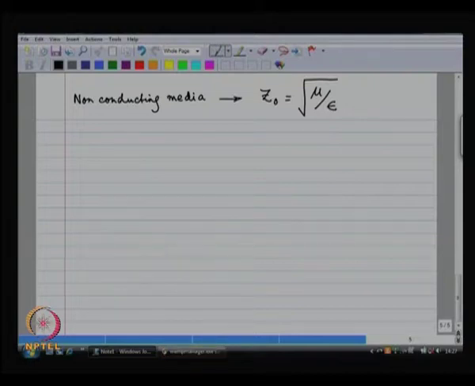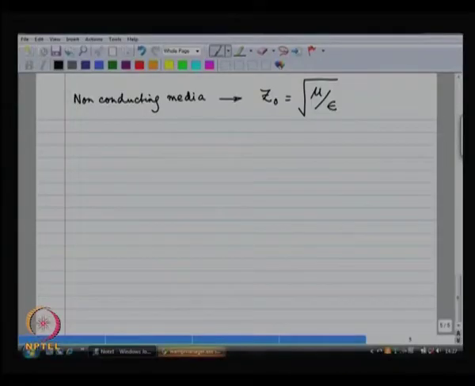If it is a non-conducting medium like the atmosphere, it does not conduct current charge, then the characteristic impedance is square root of mu by epsilon. Mu is the permeability, epsilon is the dielectric constant.